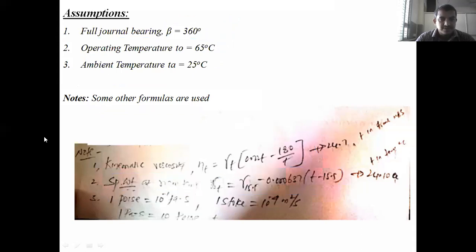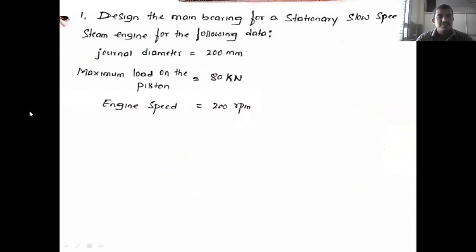Shall we go first? Design the journal bearing. Yes, please read this problem. Let's take this problem. Design the main bearing for a stationary slow speed steam engine for the following data. The journal diameter is 200 mm.